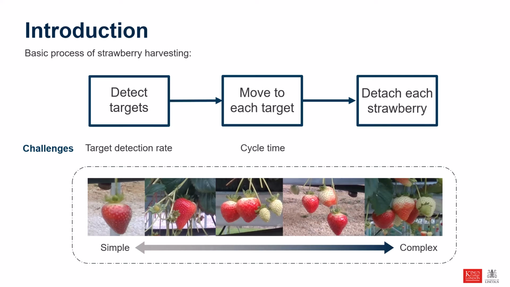However, in the complex cases, the strawberry might be covered by other strawberries and is very hard to detect, also very hard for a gripper to reach a picking point and detach it from the stem. In reality, when harvesting with a robot on a real farm, the complex cases are challenging, but unavoidable.